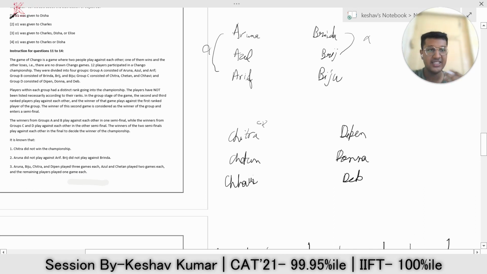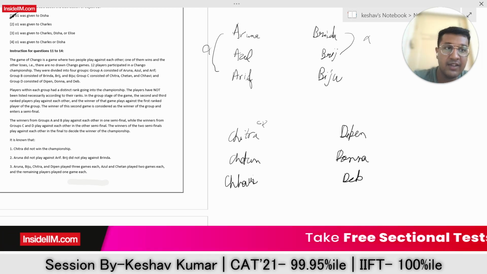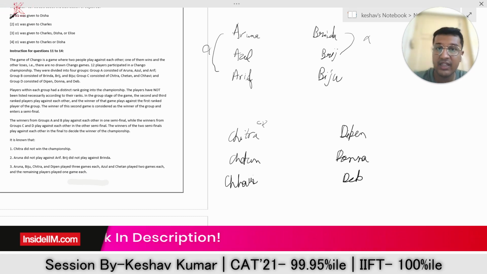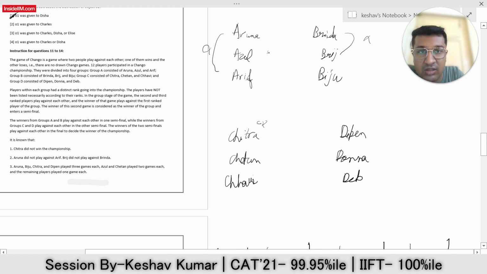So I can easily say that either Aruna or Arif was the first ranker in the group, and the same for Brinda and Bridge, because if neither of them were the first ranker, they would have been at second and third position and must have played each other, which is contradictory to the given scenario. So either Aruna or Arif is at first position, and same with Brinda and Bridge. So I know Azul is not at first. First cross. Same with Biju.